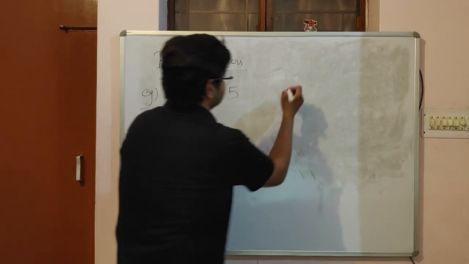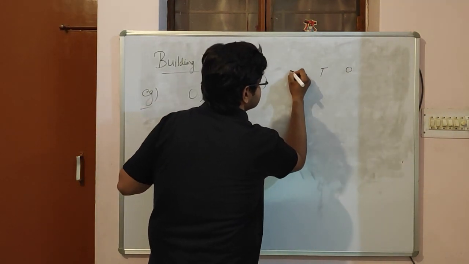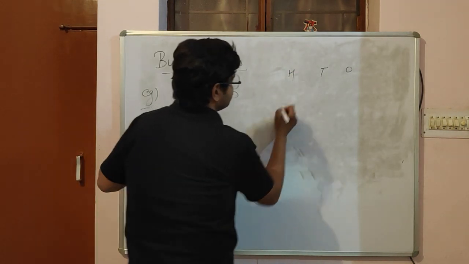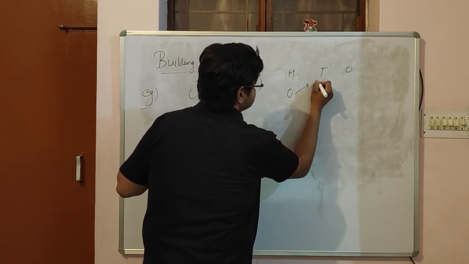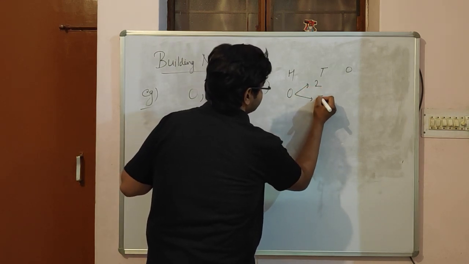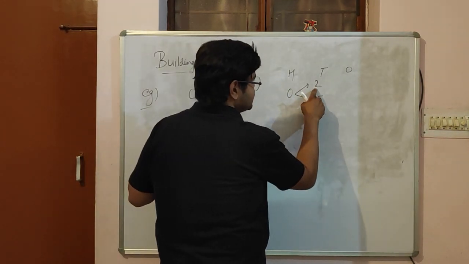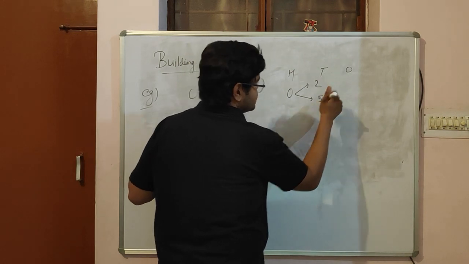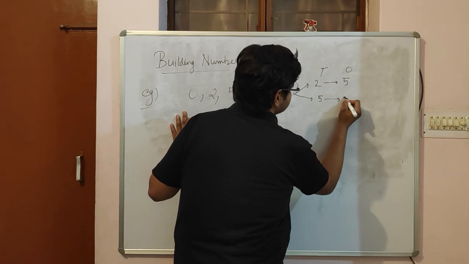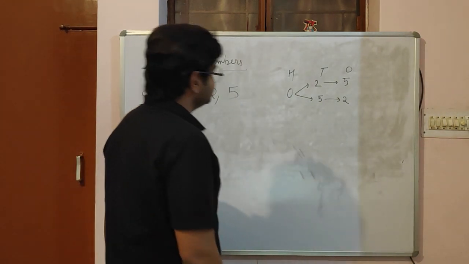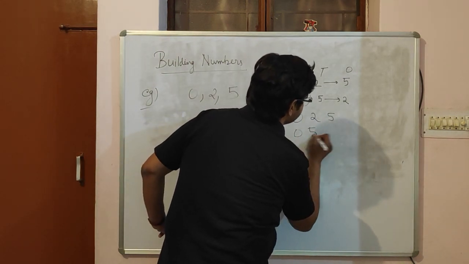Okay, so let us draw a table. Three-digit numbers, so it will be ones, tens, hundreds. Okay, so if we fix 0 here, what are we left with? 2 and 5. So first we put 2 at the tens place, the next time 5 at the tens place. Here 5 at the ones place, and here 2 at the ones place. So by looking here, 025 and 052.